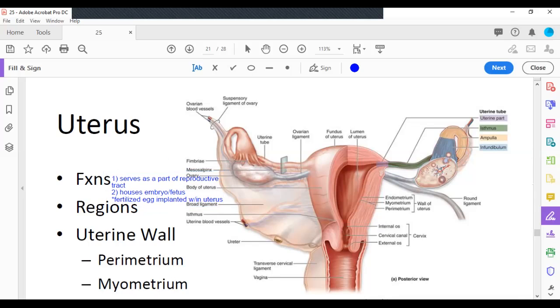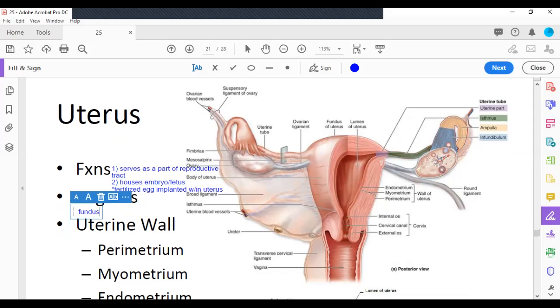Now the regions of the uterus. We'll begin with the first one called the fundus. It's a dome-shaped region. So this region right here is called the fundus. From the fundus it goes into what's known as the body. The body is the widest portion, and it goes into what's called the isthmus.